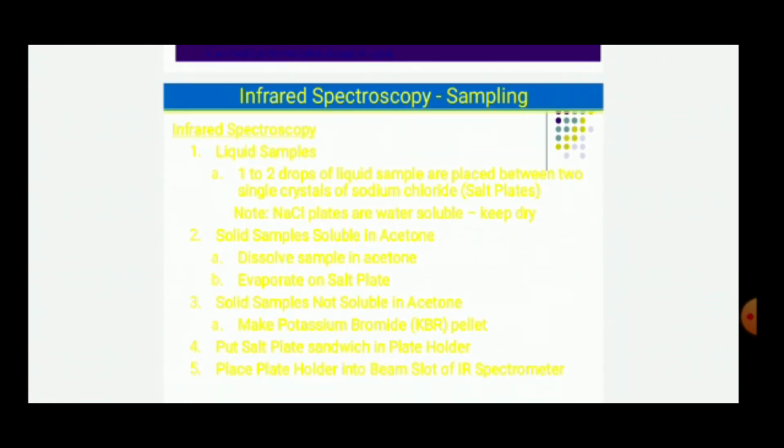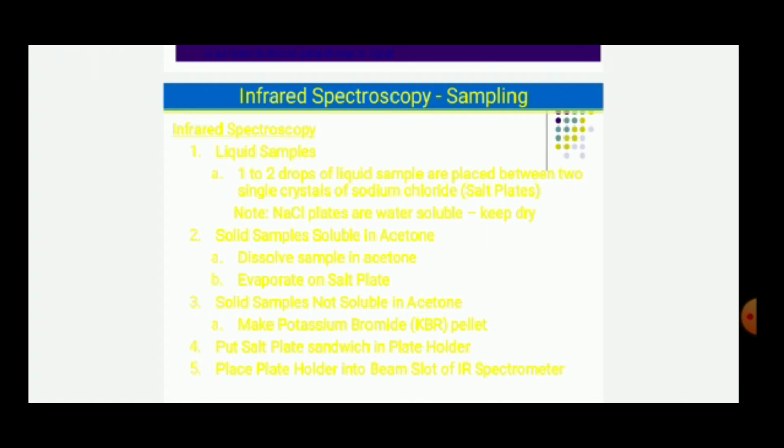For sampling in infrared spectroscopy, we can use either liquid samples or solid samples. For liquid samples, 1 to 2 drops are placed between single crystals or pellets of sodium chloride. For solid samples, we use KBr as a blank because KBr is IR transparent; it doesn't absorb any IR light.